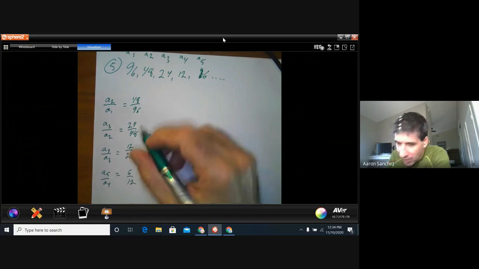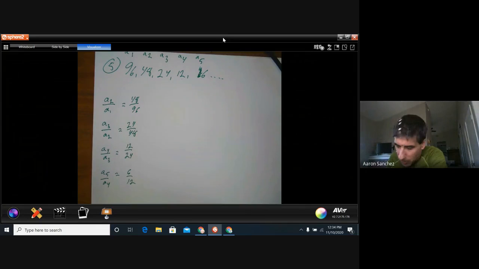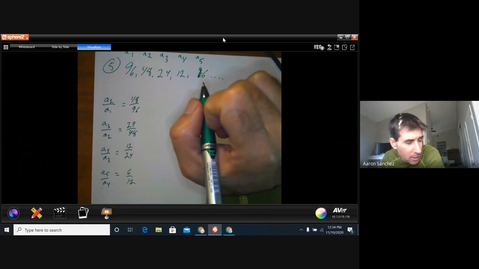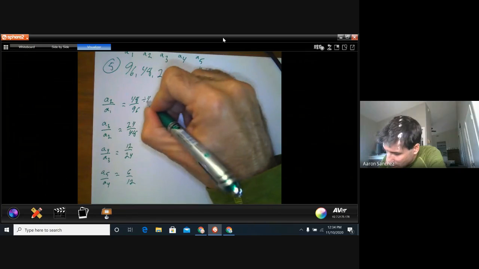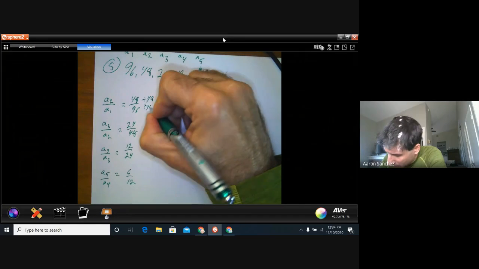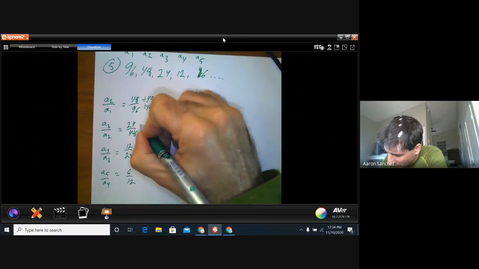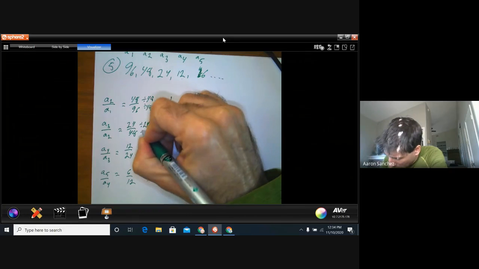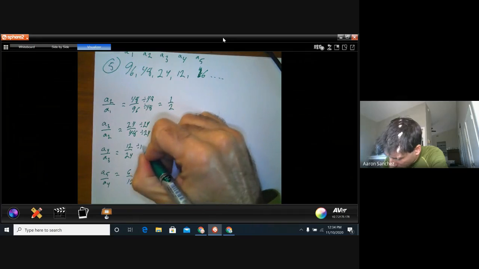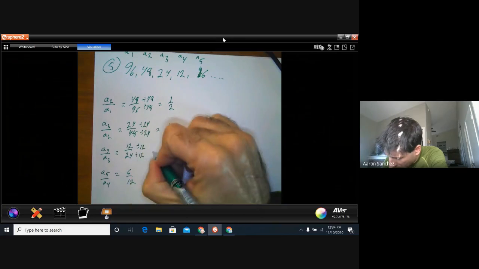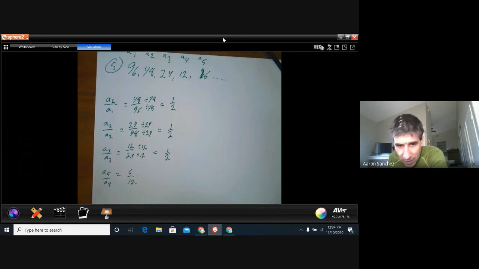Now we can divide these, simplify, and get a decimal, but a lot of times in the book and on your quizzes, they like to reduce the ratios. These are both divisible by 48, which becomes 1/2. These are both divisible by 24, which becomes 1/2. These are both divisible by 12, which becomes 1/2.